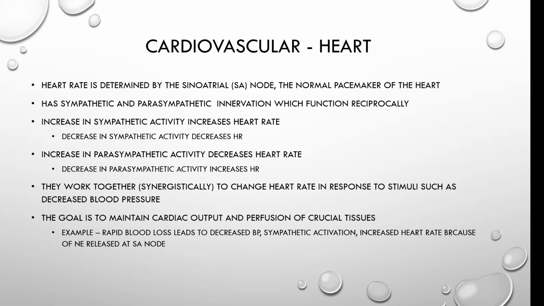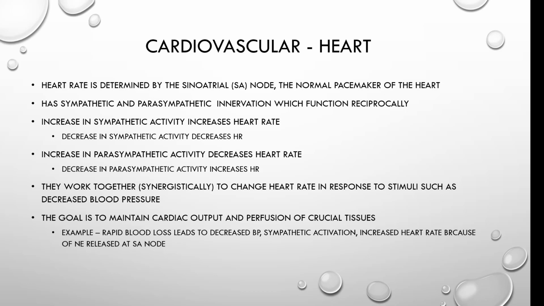If there is an increase in parasympathetic activity at the sinoatrial node, releasing acetylcholine there, then the heart rate goes down. And if there's a decrease in parasympathetic activity, the heart rate goes up. And so the parasympathetic and sympathetic inputs are working synergistically. They're working together to change the heart rate in response to various stimuli.